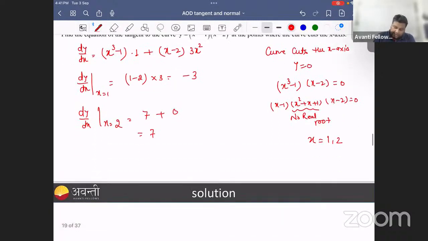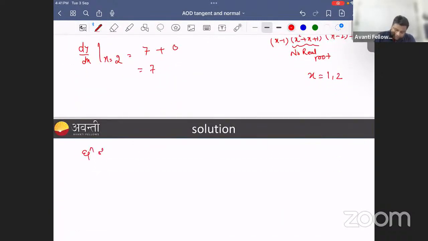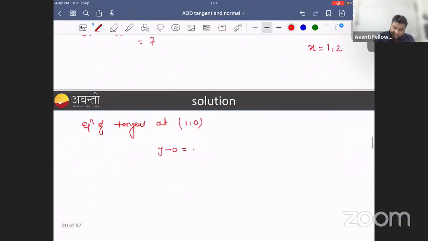Now, the equation of tangent at (1, 0) is what? y minus 0 is the slope, minus 3, into x minus 1. Got it? So it became 3x plus y equals 3.